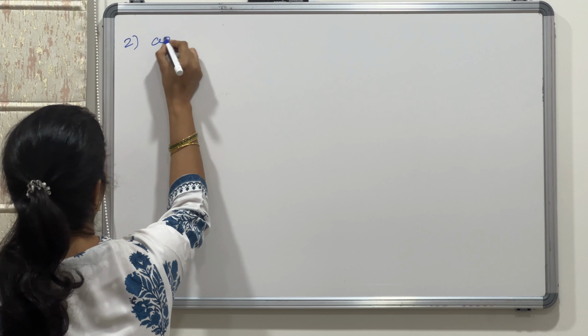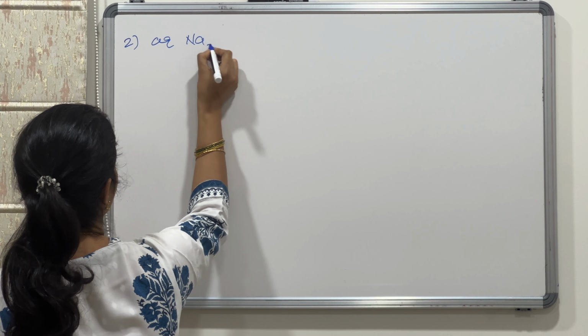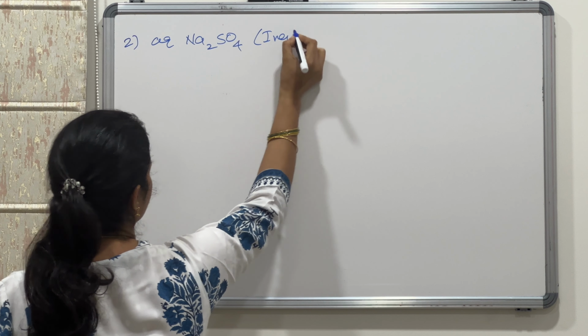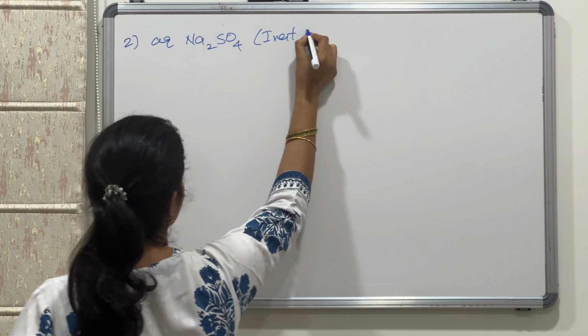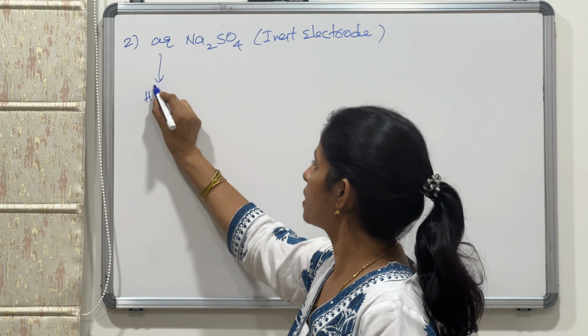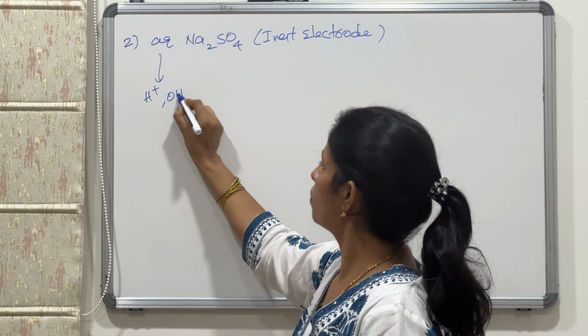Okay. Aqueous Na2SO4 using inert electrode. So here, likewise in the previous example, aqueous means H plus, OH minus.